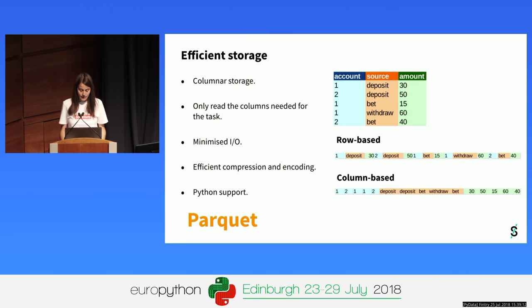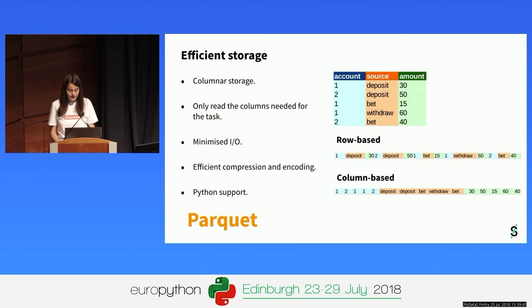On the contrary, in a columnar format, the values of the columns are stored sequentially in the disk. And this offers a good performance for analytical tasks like the ones in this pipeline, since it allows us to fetch only those columns that need to be processed instead of having to load all the file in memory. And this minimizes the amount of I/O.